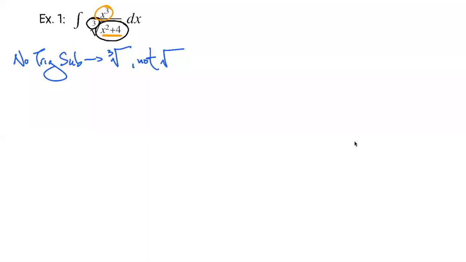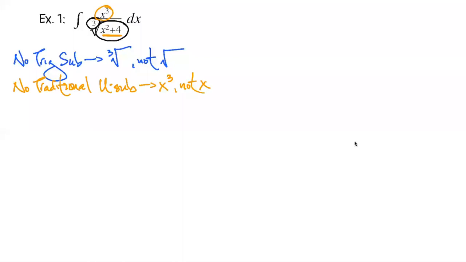It's a little bit harder to sub out if we use our traditional U sub. So we're also going to say no to a traditional U sub, and the reason is because we have an x cubed, not an x on the top.